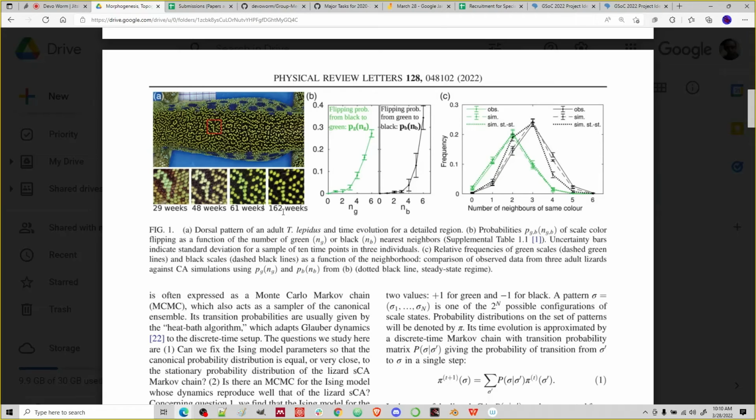So they wanted to compare this pattern with something that they would generate in a cellular automaton. And so this is where you have the simulation, this green function, which is the number of neighbors of the same color. So if you look around each of these scales, they have neighbors, and the neighbors should be either the same color or a different color.